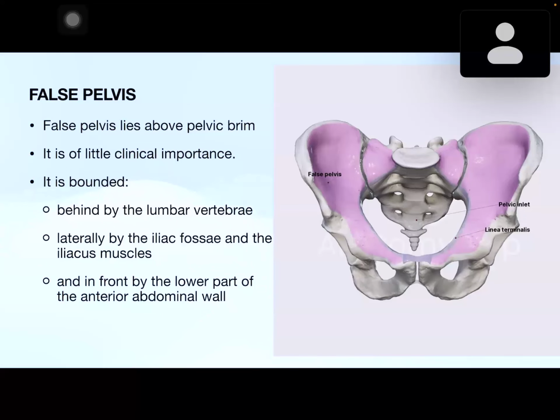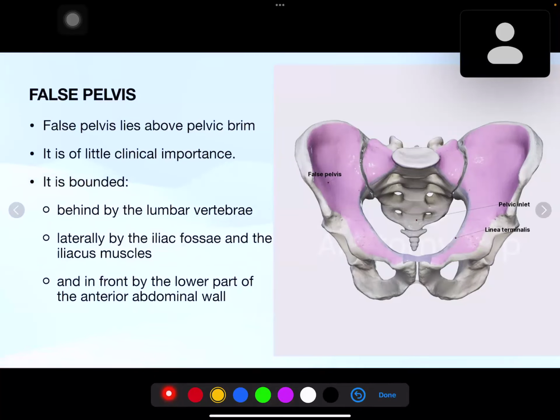So this is very important. Now we are moving to the pelvis. The pelvis is divided into a false pelvis and a true pelvis. Now how do we divide the pelvis into these two categories? If you remember, I told you this was the iliopectineal line.